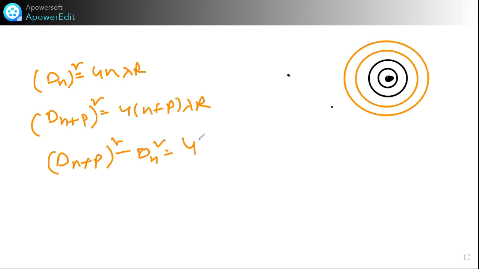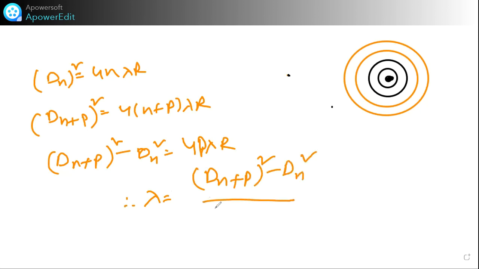So the diameter square of (n plus p)th dark ring is 4 into (n plus p) lambda R. Then the difference D(n+p) square minus Dn square is equal to 4n lambda R plus 4p lambda R minus 4n lambda R, that is 4p lambda R. Therefore lambda is equal to (D(n+p) square minus Dn square) by 4pR.